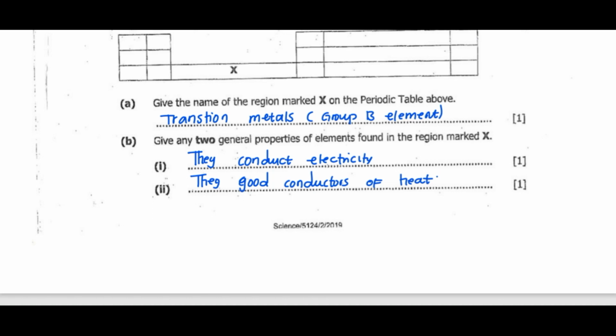Then we also have some other general properties, like they have high densities. Then also they have high melting and boiling points. You can also put those points.